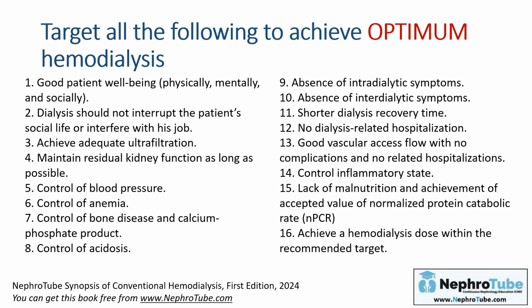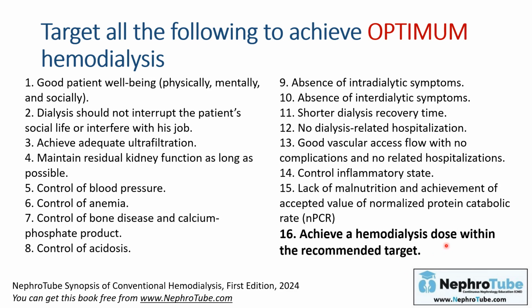So what I want to highlight here is that achieving a good hemodialysis dose means we have adequate hemodialysis. When you achieve a hemodialysis dose within the recommended target, we say that we have adequate hemodialysis.